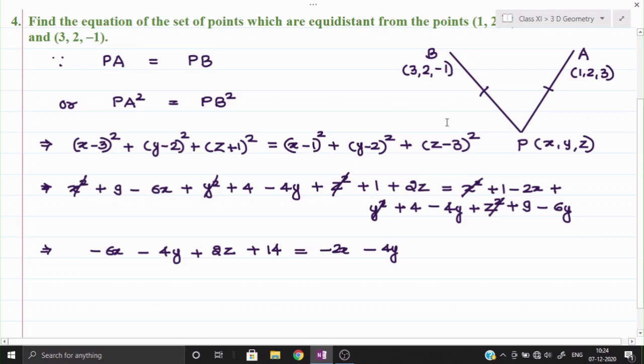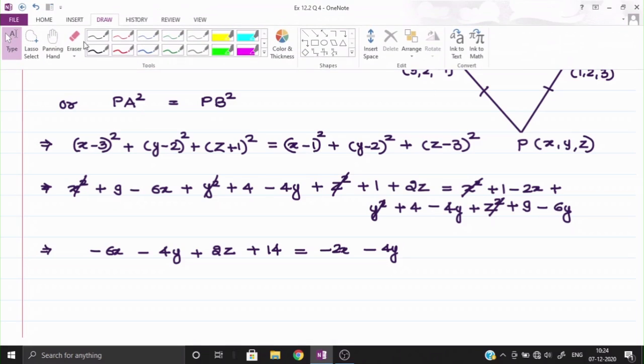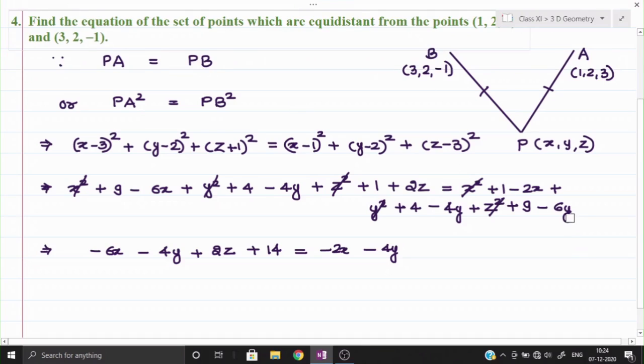That is minus 6z will come. Sorry, this is minus 6z, mistakenly I wrote minus 6y. Okay. Now minus 4y minus 6z. And if I add this one, 1 plus 9 is 10, 10 plus 4 again 14. So here also it is coming 14. 14 and 14 got cancelled, and minus 4y and minus 4y also got cancelled.